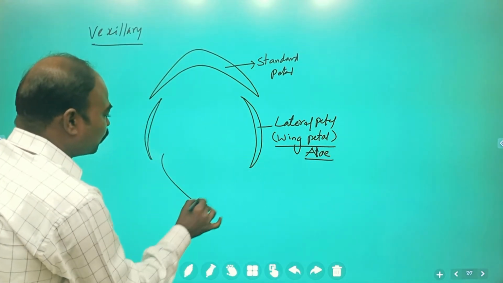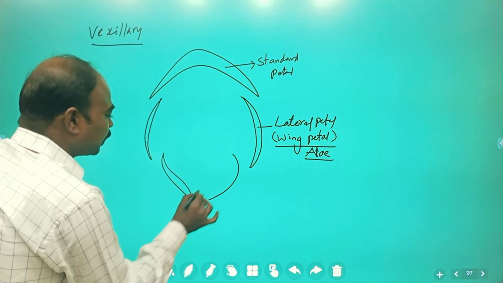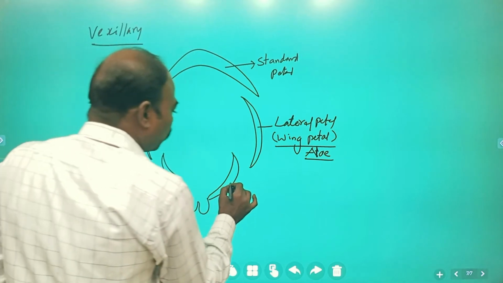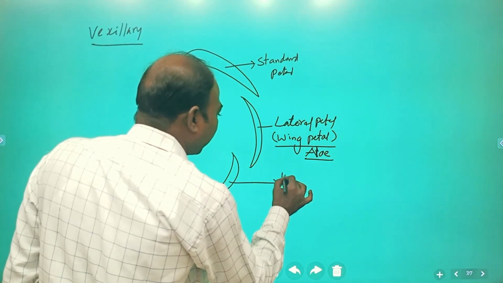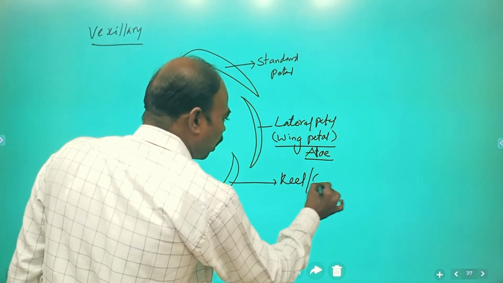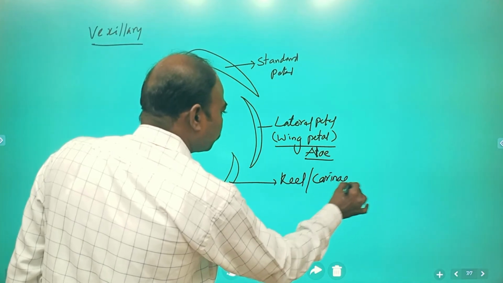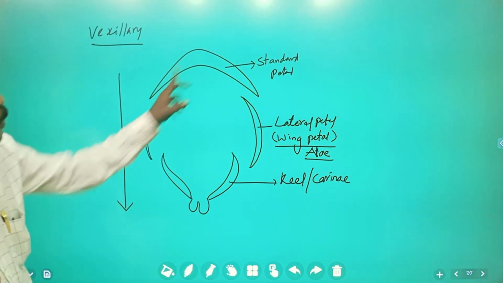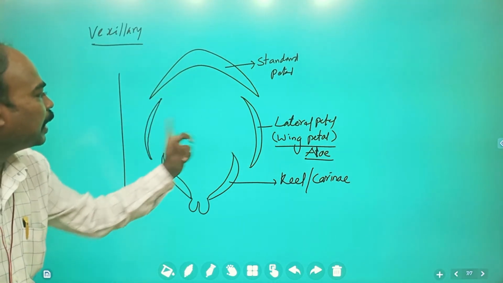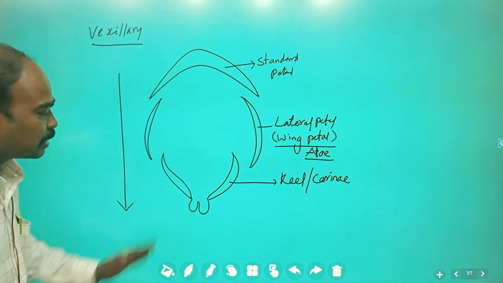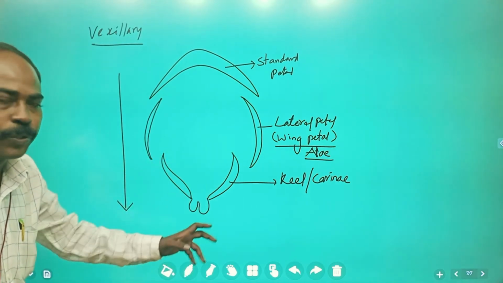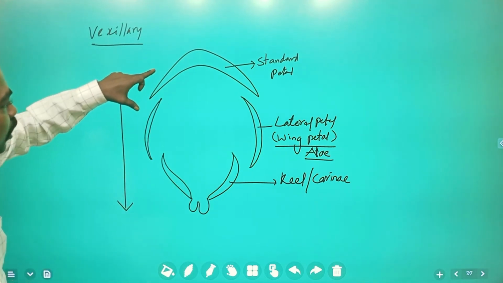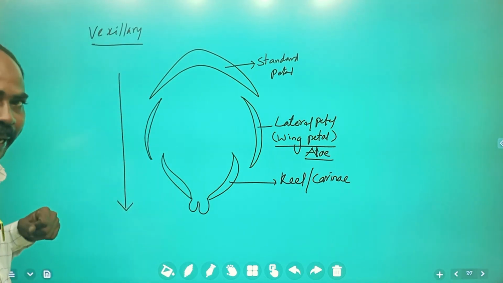Then these two overlap the next two. The petals found at the base, that is the anterior position, which are fused, are called keel petals or carina. So here the overlapping is seen from the upper standard petal overlapping the lateral petals, overlapping the keel petals. These keel petals are fused, or the carina was fused. So the overlapping is from standard to lateral, lateral to keel.